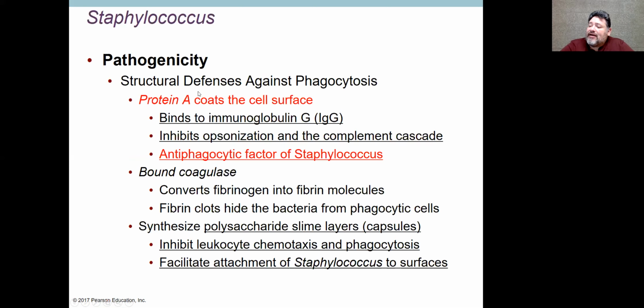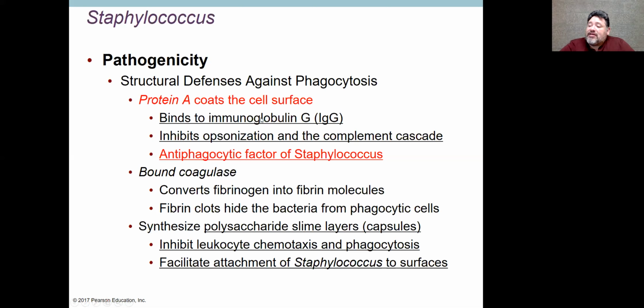Okay, protein A. Staphylococcus aureus produces protein A. This is a protein on the surface of the cell, and this protein can be sloughed off, and it attaches itself to the epitopes of antibodies, rendering the antibody useless because it's not attached to the cell, it's attached to proteins that the cell is sloughing off. Okay.